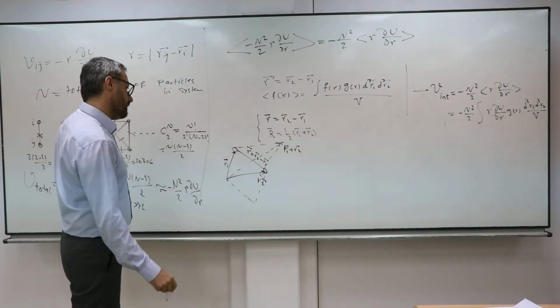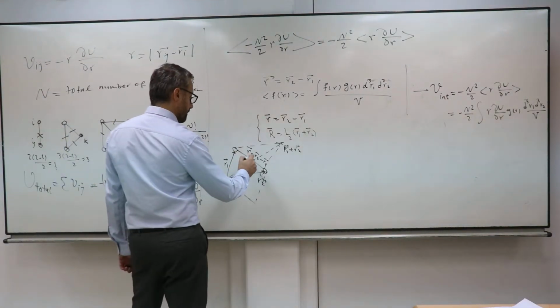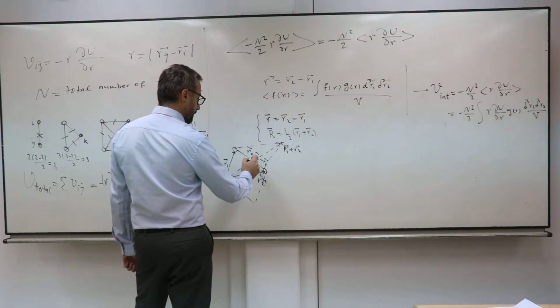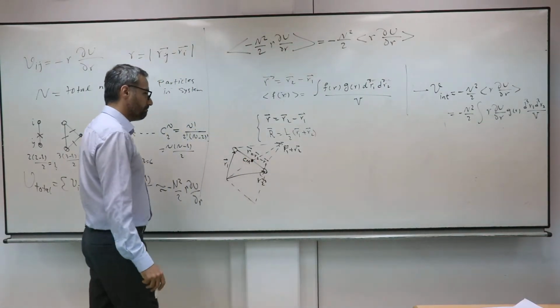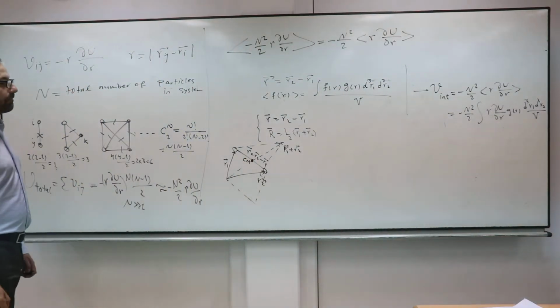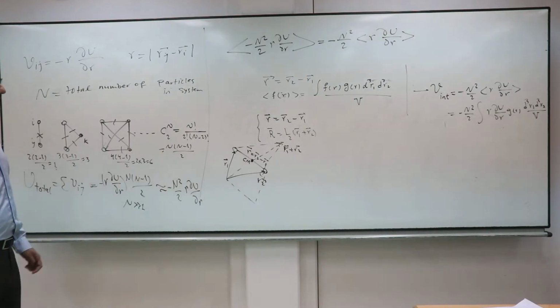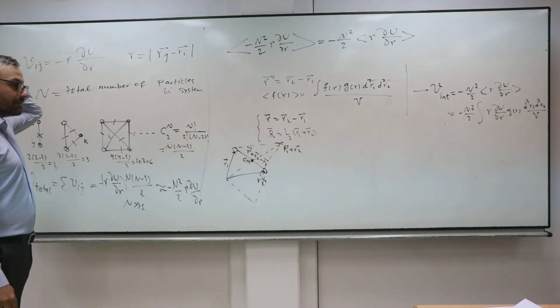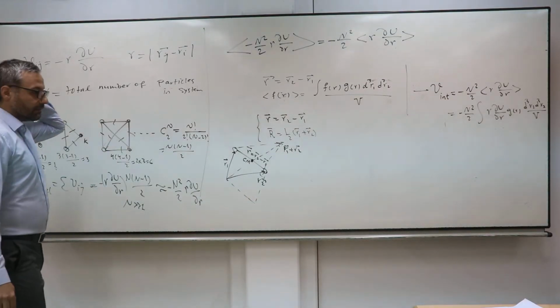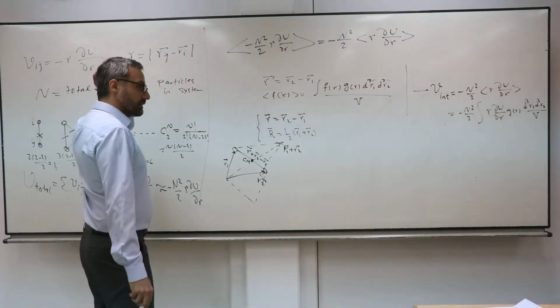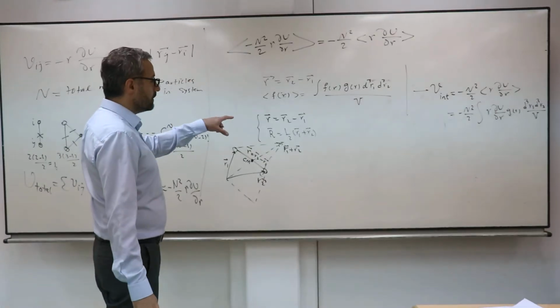So r1 plus r2, half of it, will be here. So this is the center of mass. Anyway, you don't need this picture, just be sure that the center of mass exists here, at this point. So we use these coordinate systems.